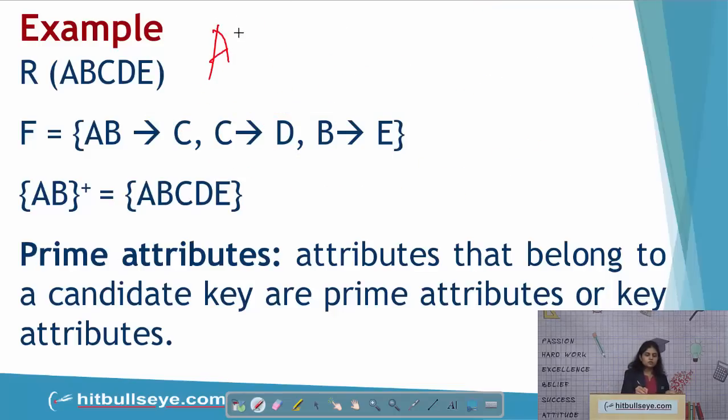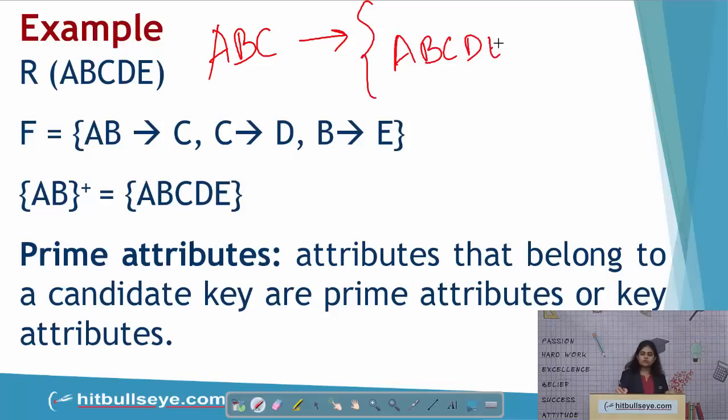If I talk about ABC, yes, this represents all the attributes of the relation R. But this is not the candidate key.